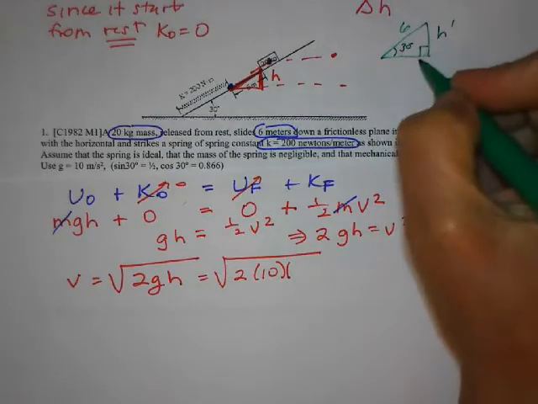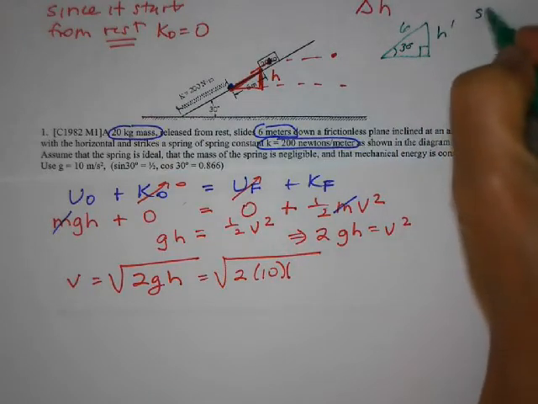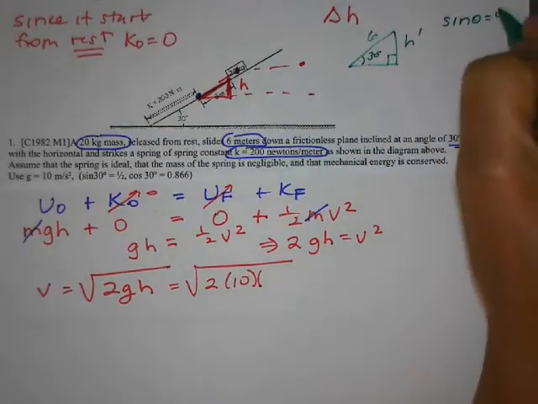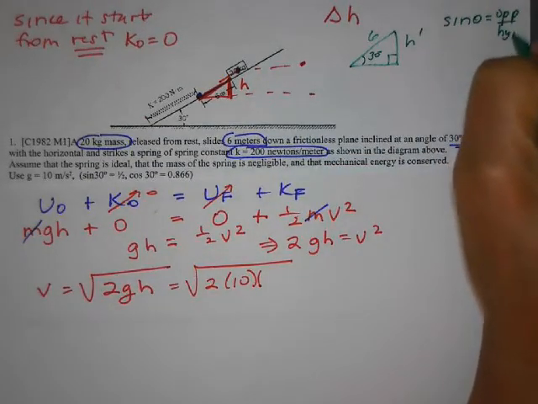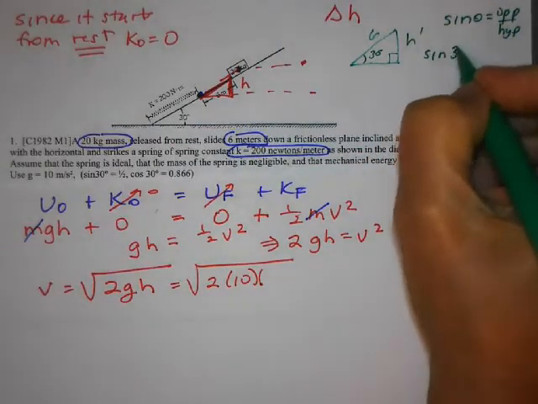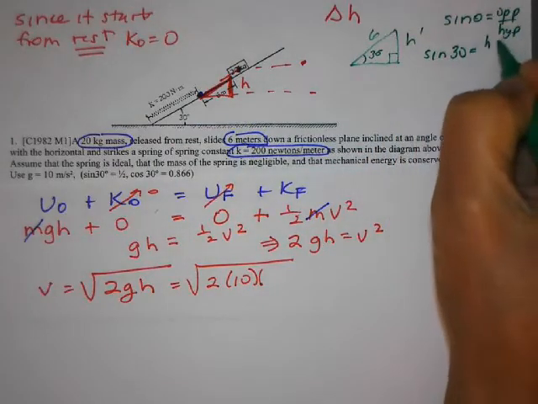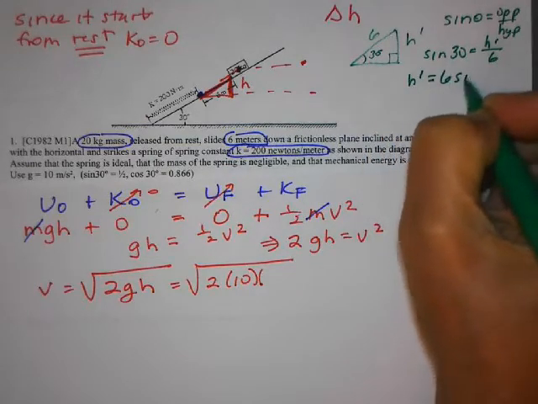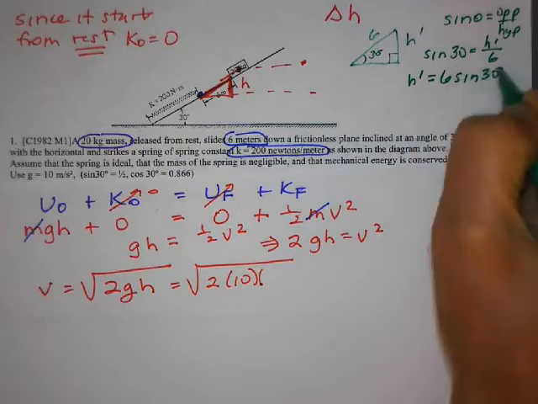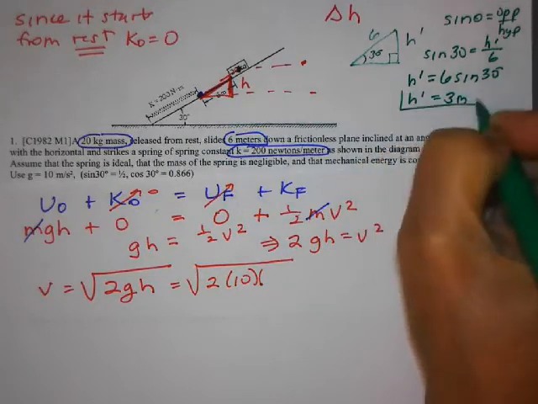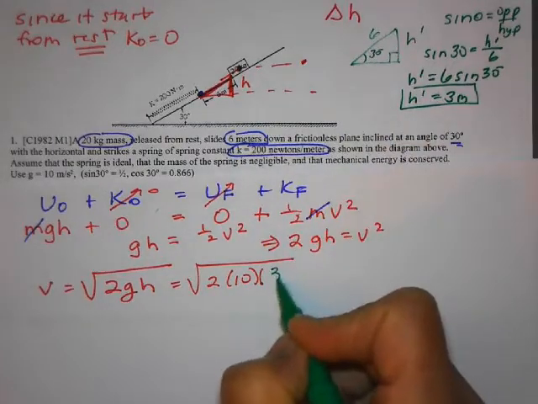I know that sine is opposite over hypotenuse. So sine of 30 is equal to h prime over 6. So h prime is equal to 6 sine of 30, and we know that's half. So this comes out to be 3. Now I know that this is 3 meters.